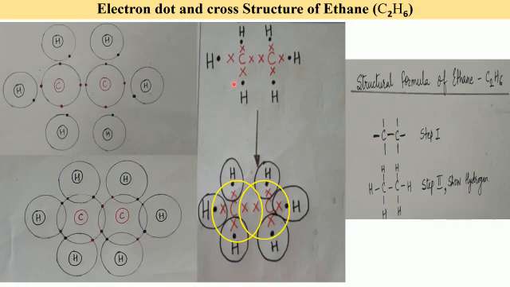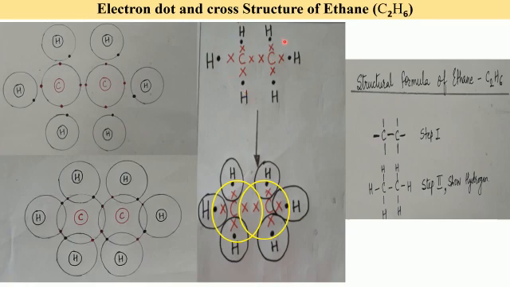Let us try to understand it with the electron dot and cross structure. Here the first carbon with 4 electrons have been shown with cross. Second carbon 4 electrons with 4 crosses, that is 4 electrons. This carbon surrounded with 3 hydrogen.